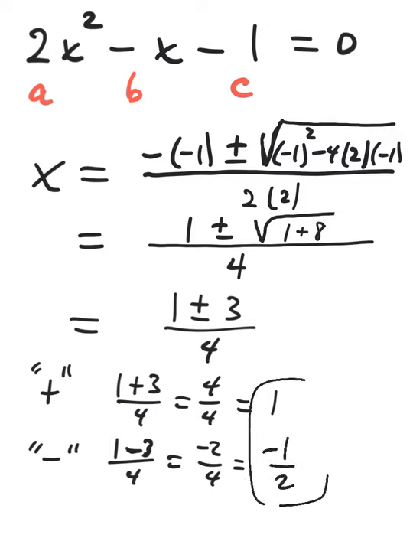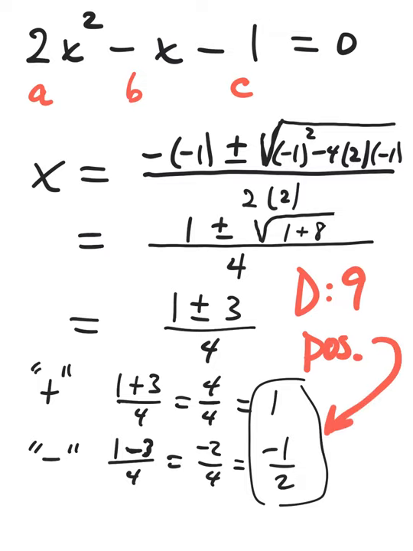But these are the two solutions to that problem. Our discriminant was equal to 9. And because that's positive, we had two real solutions.